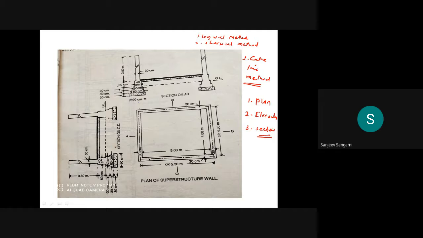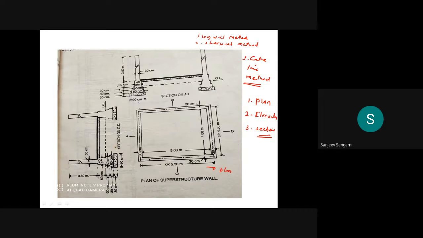Now normally, in the long wall method, what you have to do is consider outer to outer, means from here to here. In this, you can see this is the plan.